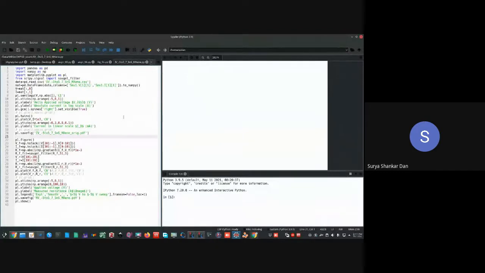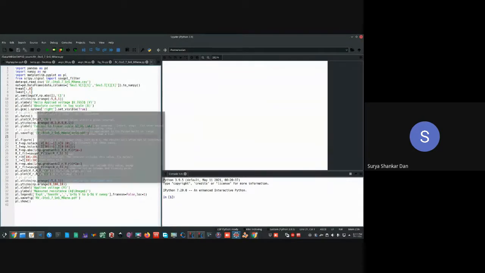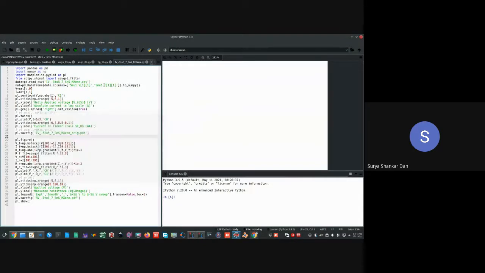Suppose in industry they are not using Python, but you have to code in C, C++ or Java. You cannot use Spider anymore. Spider is specifically for Python, and it is supposed to be like an open source alternative of MATLAB, so to speak.